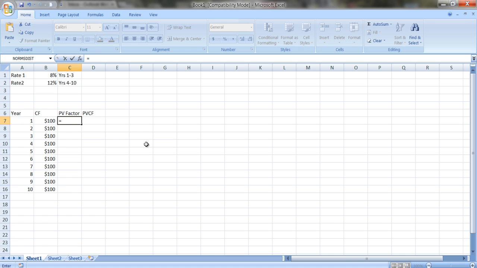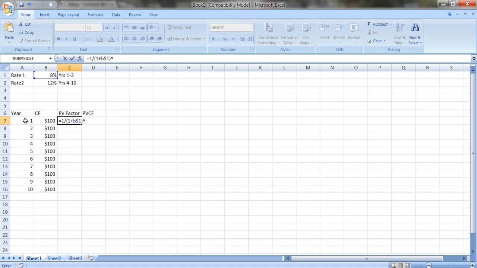For the first 3 periods, it's quite easy. It's what we usually use. It's going to be 1 divided by 1 plus the interest rate. The interest rate is in cell B1, and I'm going to put a $ sign in so when I copy the formula down, nothing changes. And it's going to be raised to the power that's based on what year it is.